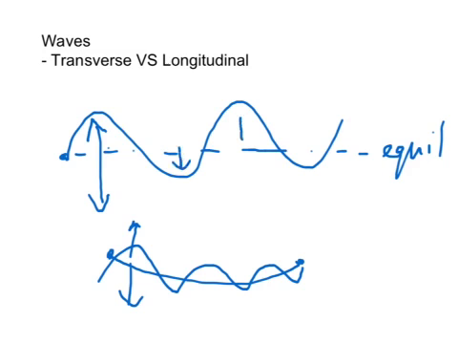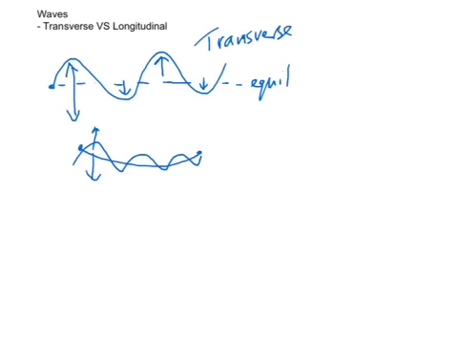At this point it's going down, and at this point it's going up, and it shifts from side to side continually as the wave passes through the rope. In this case, this is what we would call a transverse wave. Transverse is sort of like sideways, if you like. That's one way to think about it.